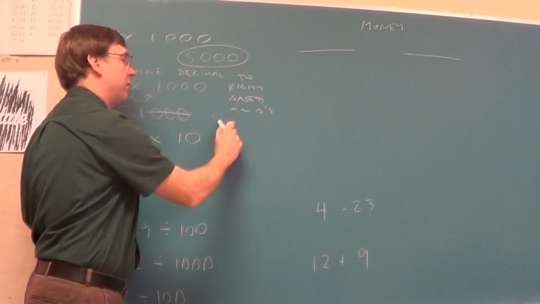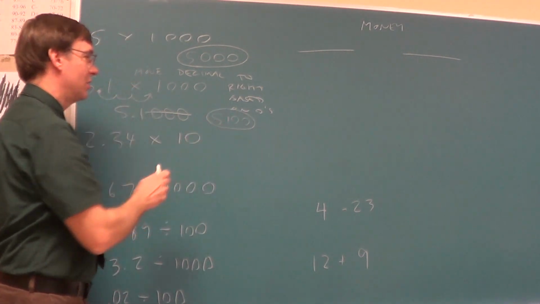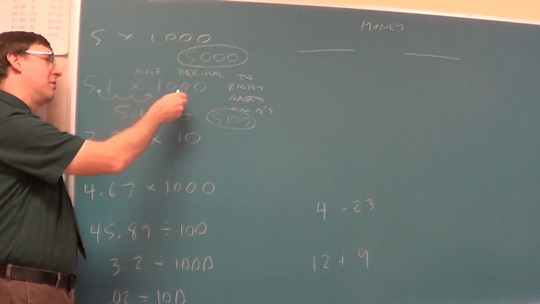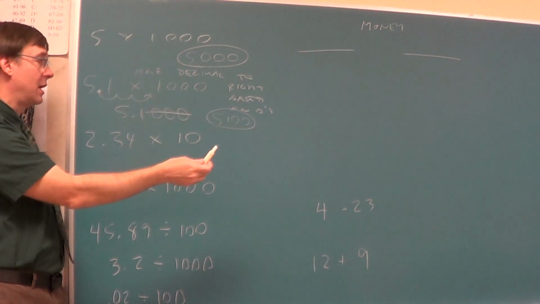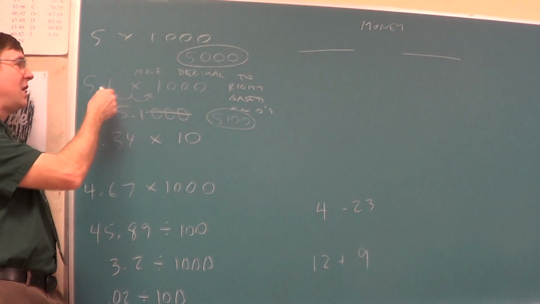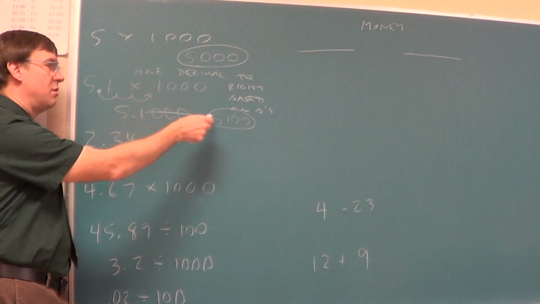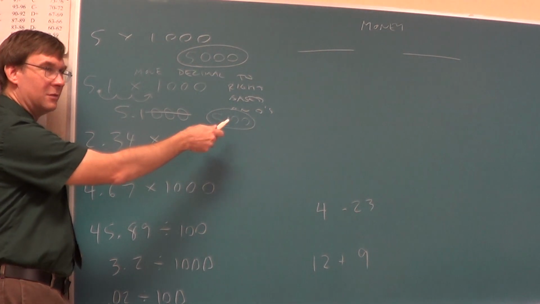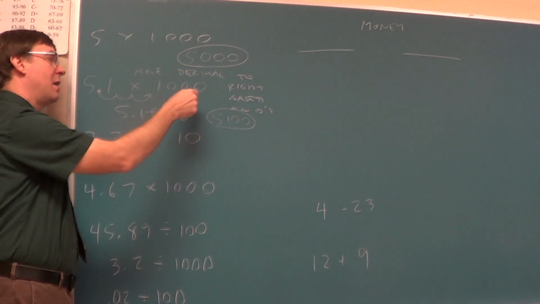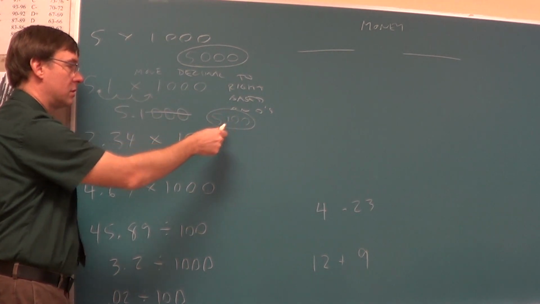So this would be 5,100, which seems a lot better because I had a number, I multiplied by 1,000, and it got way bigger. That seems like we're on the right track because we are. Additionally, if it's 5-ish times 1,000, you'd expect it to be 5,000-ish anyway. So it's a little more than 5 times 1,000 is a little more than 5,000.